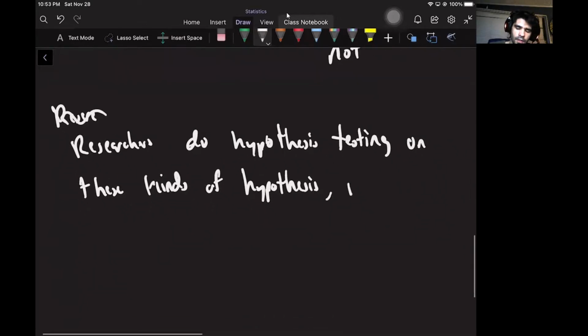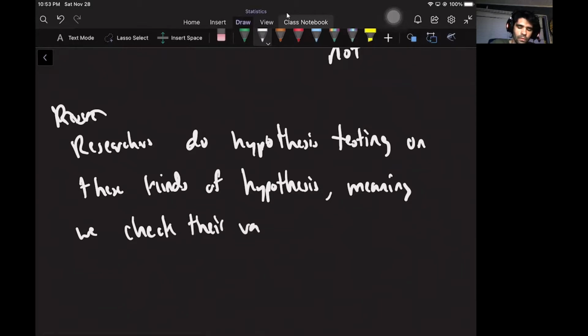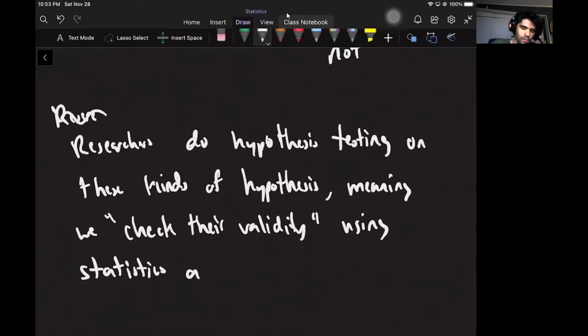And then the basic idea is that you just check their validity. Whatever that means, it's a bit vague right now. And the way we do it is we use all the stats we've learned from samples that you get.